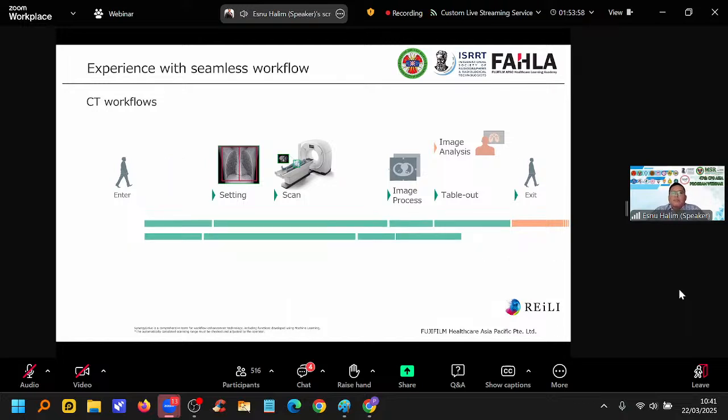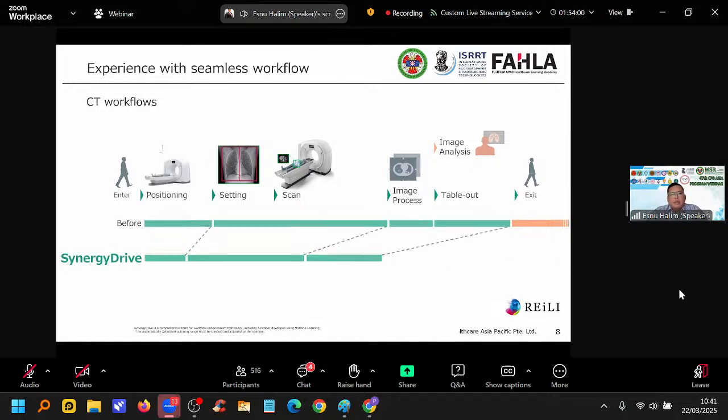What happens now, with the new advancement of the workflow where AI and other technology is integrated, is that you can see a lot of automation, which saves a lot of time and gives more time for the clinician, the radiologist or the rad tech to analyze the image, and to make it available even before the patient exits the department.